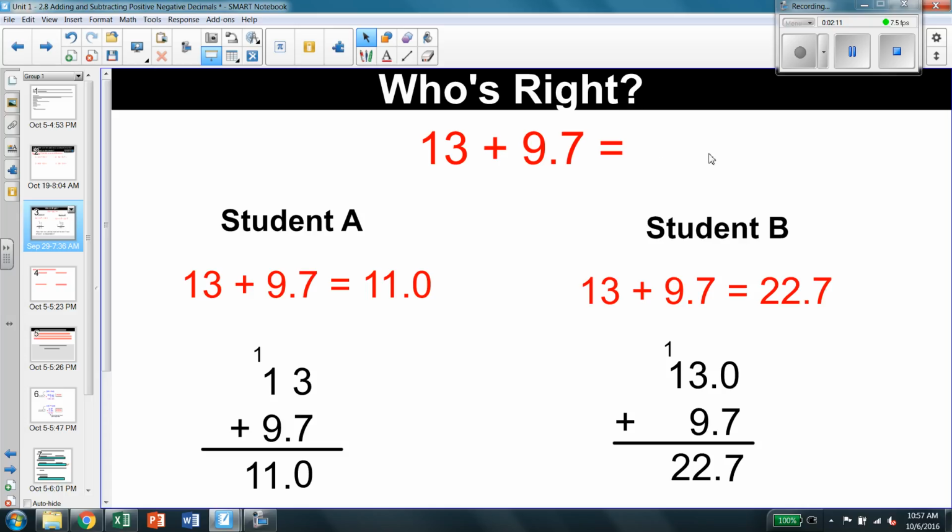So we know our answer needs to be around 23. And student B's answer is very close to 23, which makes sense, and student A's isn't. So another way to check is to estimate before you even do anything.